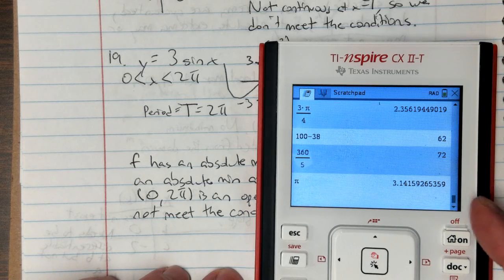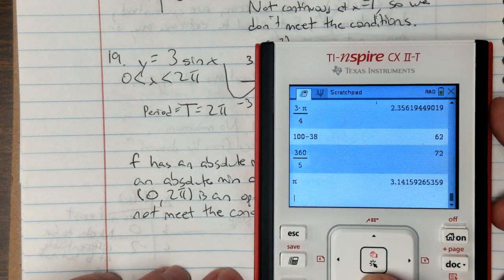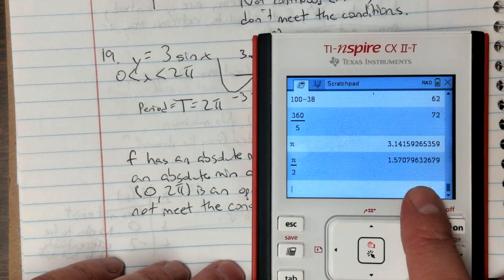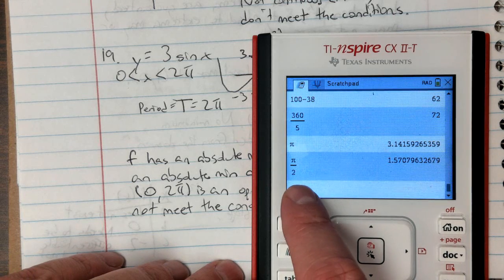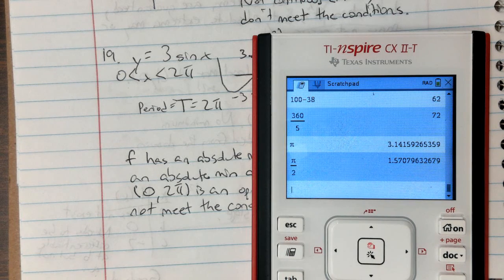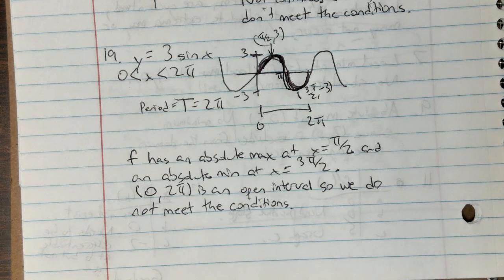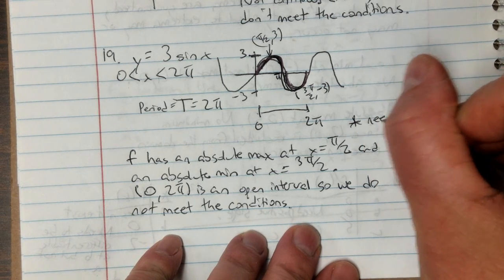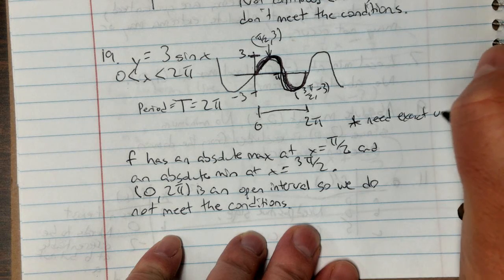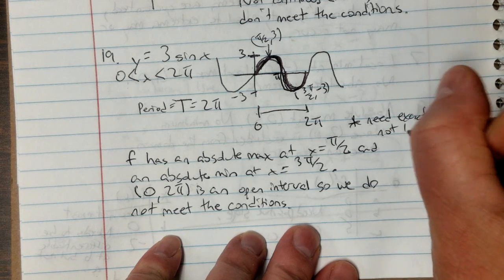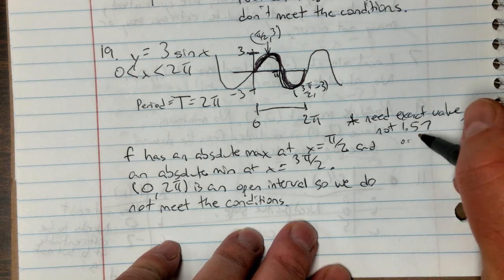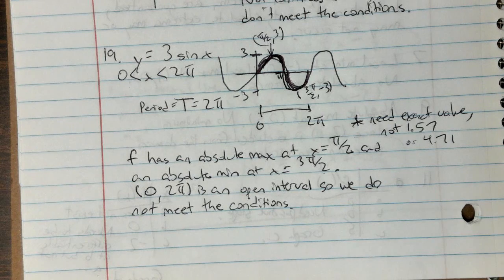Pi would be this, and so if we did pi divided by 2, we can compare it, and that matches. So we need the exact value. Don't put 1.57 there. So just as a little note, need the exact value, not 1.57 or 4.71, which is what 3 pi over 2 is.